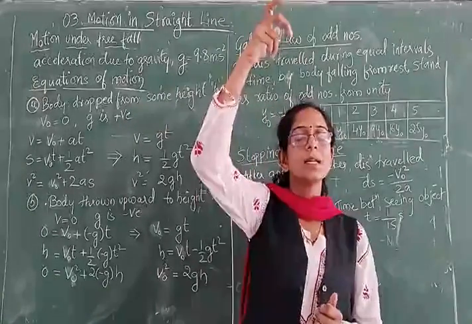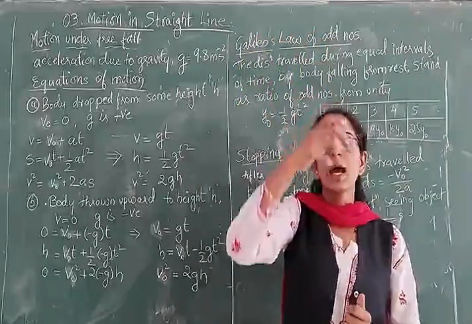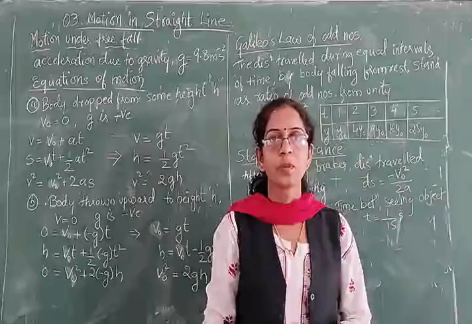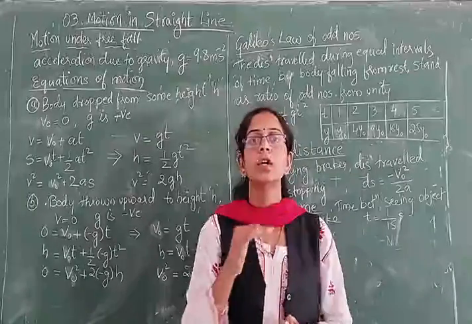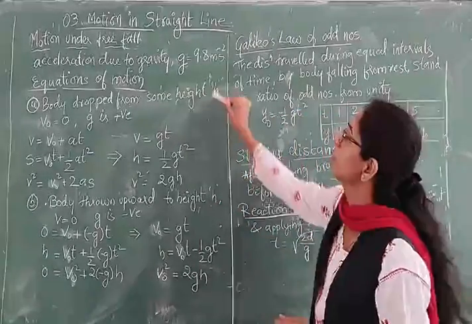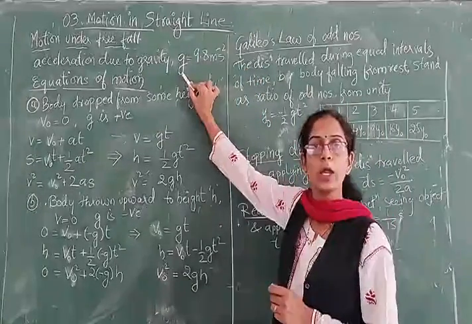The acceleration possessed by the object when it is dropped from a particular height is called acceleration due to gravity. The value for acceleration due to gravity over the surface of the earth is equivalent to 9.8 meter per second square and it is denoted by the symbol small letter g.